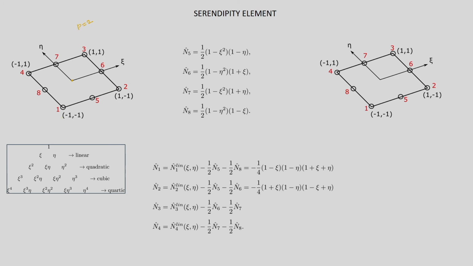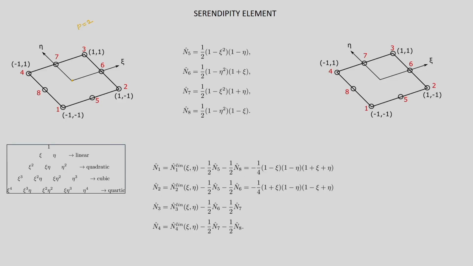Now, in this case, how can we construct the shape functions? Originally, it was done through inspection, but later some strategy has been fixed by the researchers, following which we can derive the shape functions.